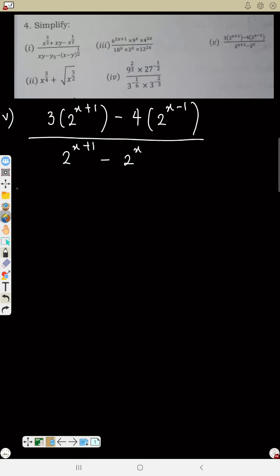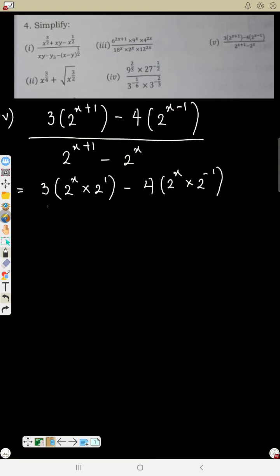Now I will need to split the up one. So this is 3 brackets 2 raised to power x times 2 raised to power 1. I can split this to get this. Then minus 4 into brackets 2 raised to the power x times 2 raised to the power minus 1.